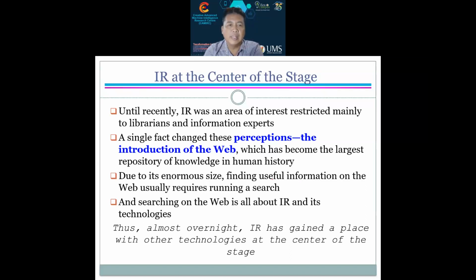So going back to this, a single fact changed this perception: the introduction of the web. When we have the web, we have millions of documents uploaded and stored on the web. So the problem now is how are we going to search?